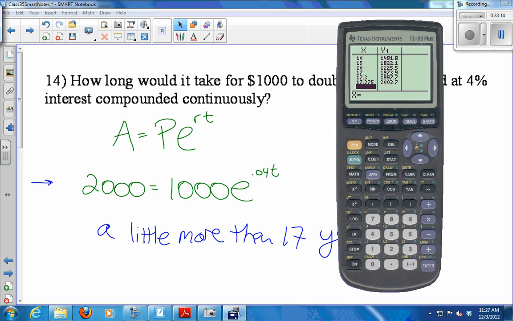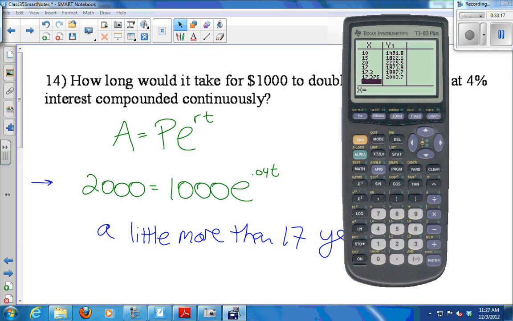Last thing we could do is solve it graphically, which we learned how to do way back at the beginning of the semester. So I have y equals, I have the right side of my equation in y1, put the left side in y2. So one side in y1, the other side in y2. And then I want to see where they cross. So I have to pick a window that makes sense. X is representing time, so I'll go 0 to, now that I've solved it, I know 17 is the answer, so maybe I'll go to like 25, just to make sure I can see the intersection point real well.